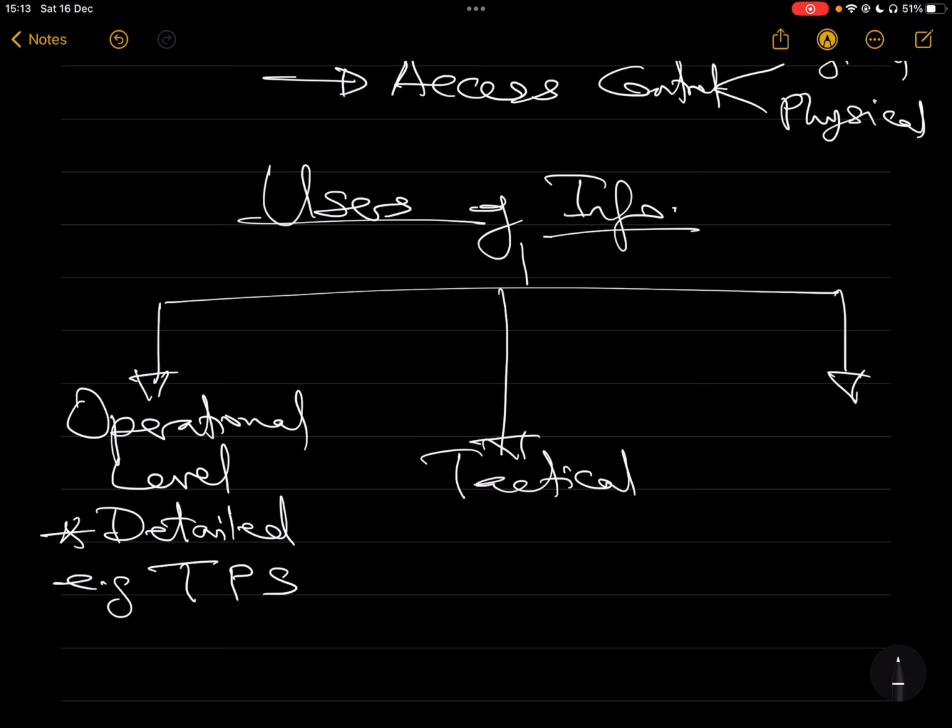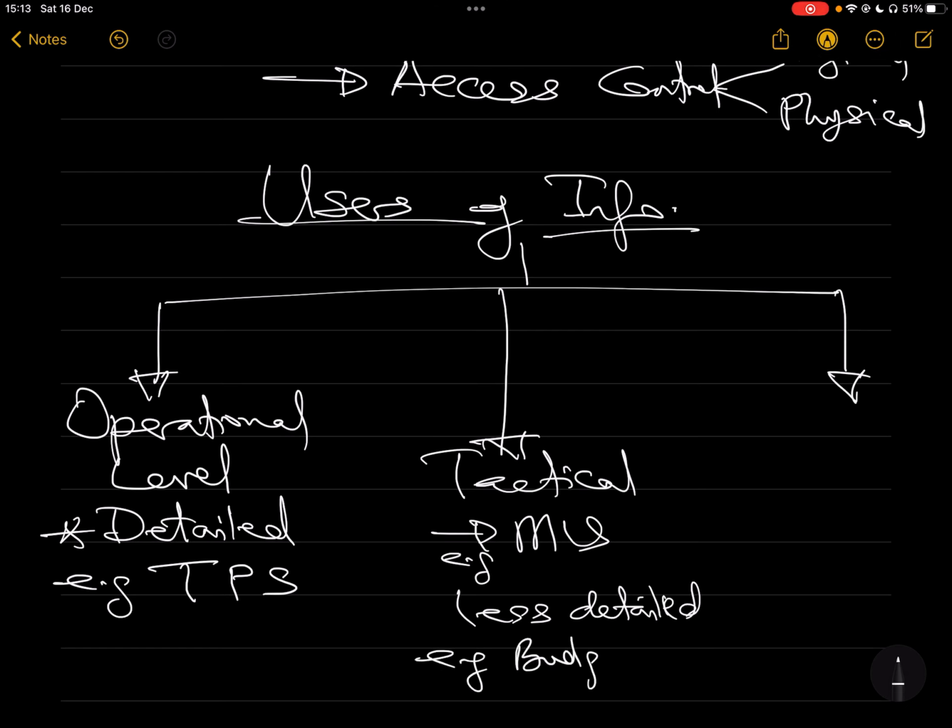The tactical users. An example is the MIS, Management Information System. These are used in decision making, but not as detailed as the operational level. This is less detailed. An example is budget review.